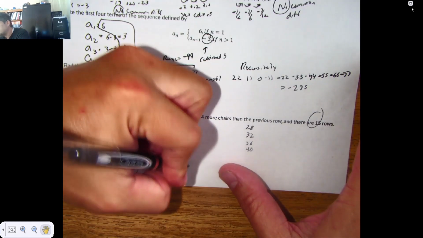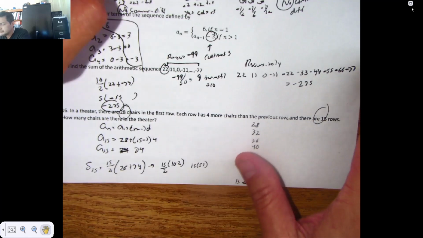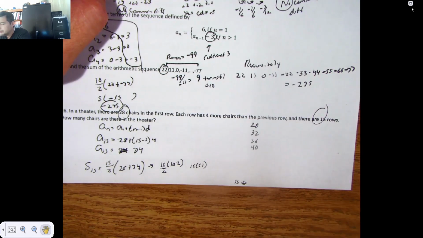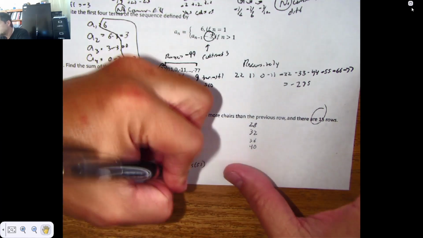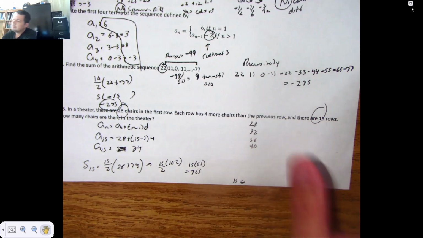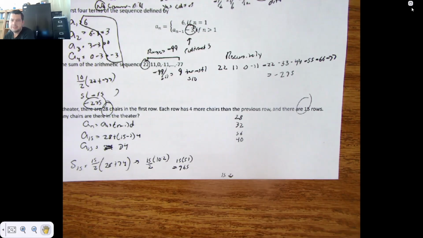Half of 102 is 51. And that's going to generate a good giant number there. 15 times 51 is 750, plus 15, 765. Seems like a lot of chairs, doesn't it? But it starts off at 28 and it stops at 74. It's a good sized theater.